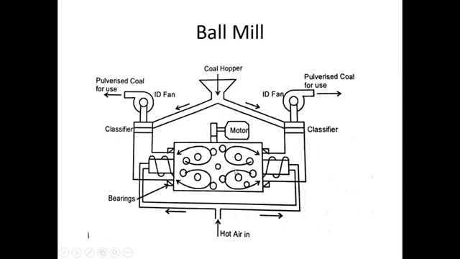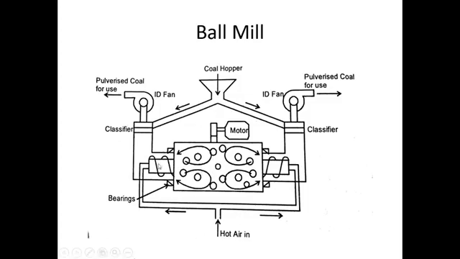Inside this drum, why it is called a ball mill is, you can see these balls. These are heavy metal balls with different sizes, so that you can get more pulverized coal and reduce the coal size to a minimum. That's why different sized metal balls with heavy weight are used at this point.